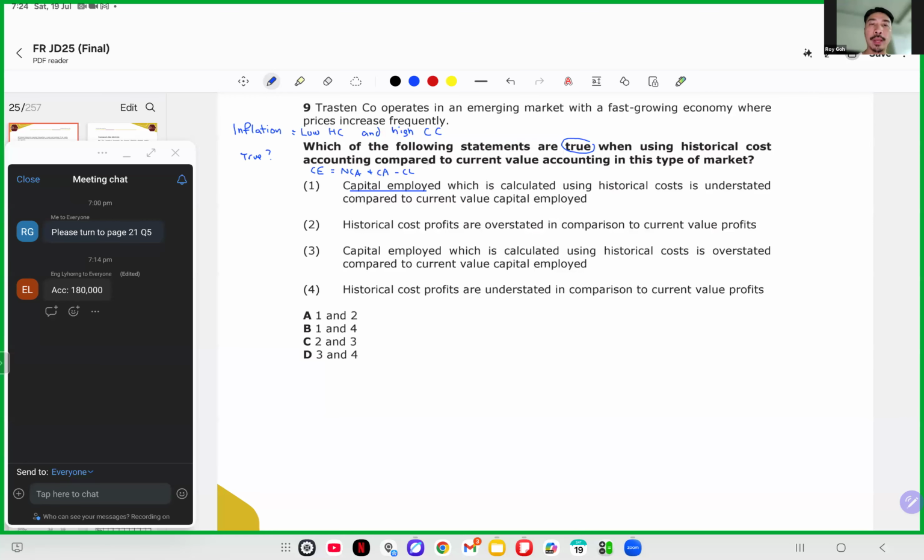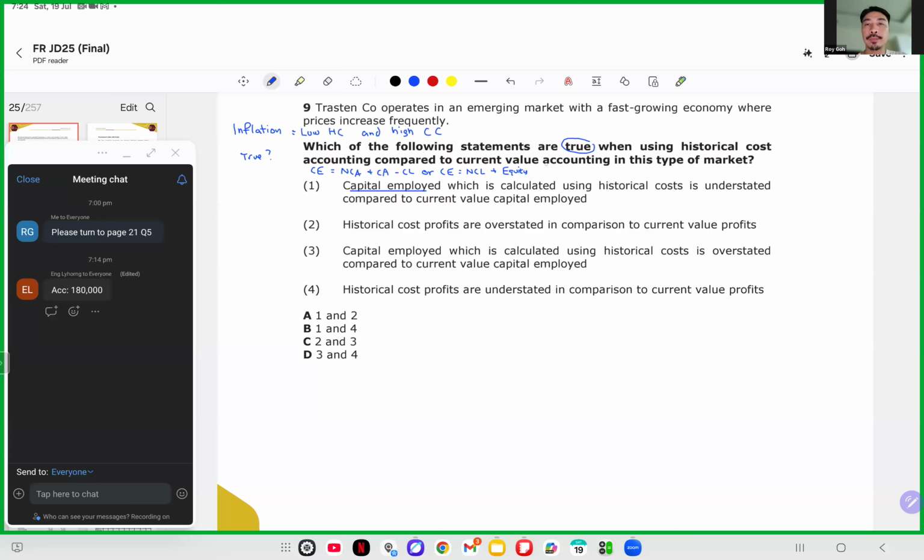There's also another way: capital employed equals non-current liability plus equity. So these two ways are correct to find capital employed. Using historical cost, it is understated compared to carrying value.